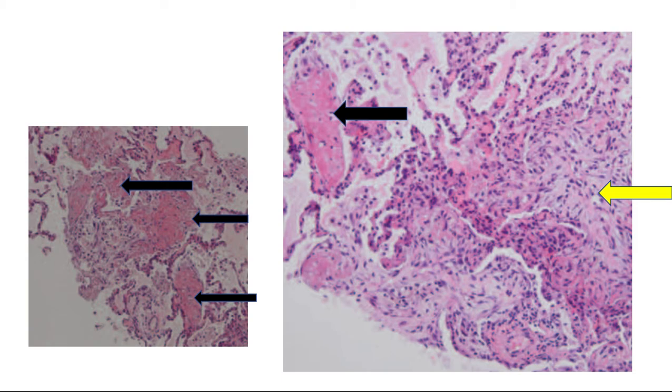The macrophages may vary in number, but the eosinophils predominate. The interstitium also contains abundant eosinophils within the inflammatory infiltrate.